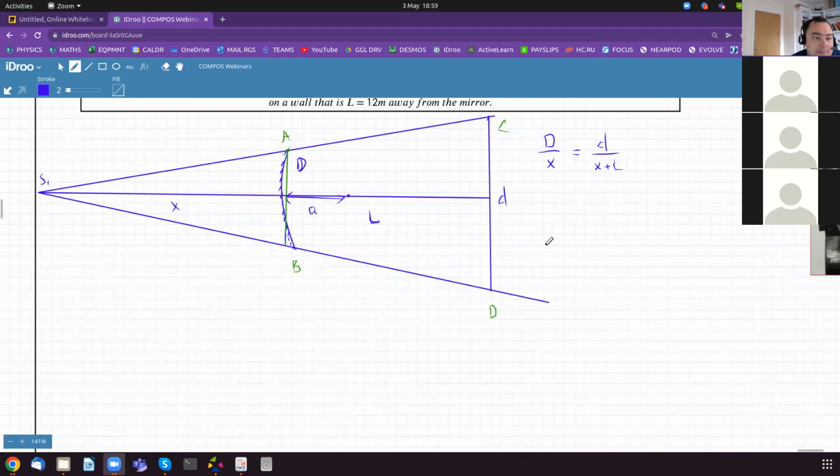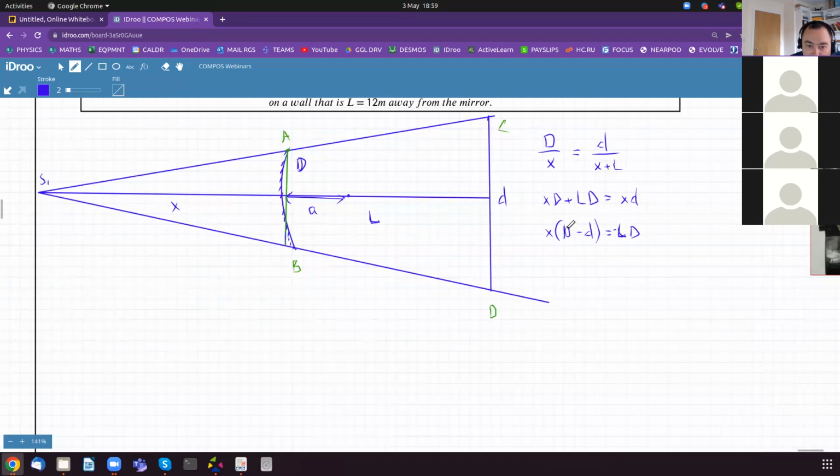And from here, we can find X. So XD plus LD. We can do crisscross multiplication, equals XD small. So from here, XD minus D small equals minus LD.